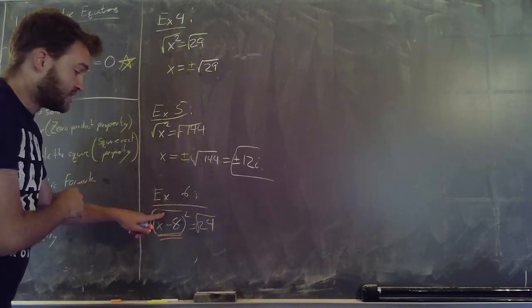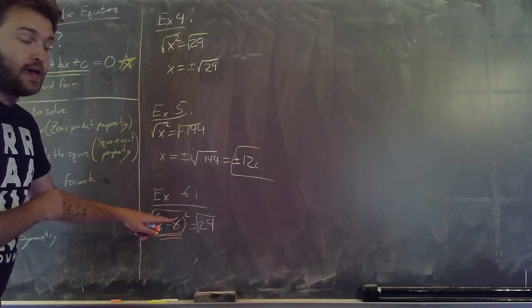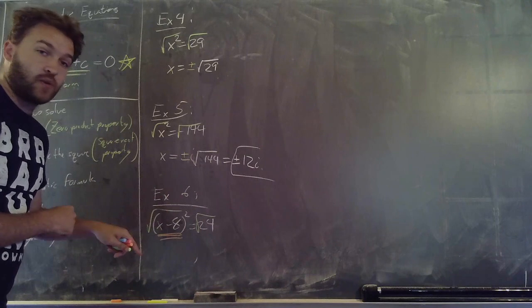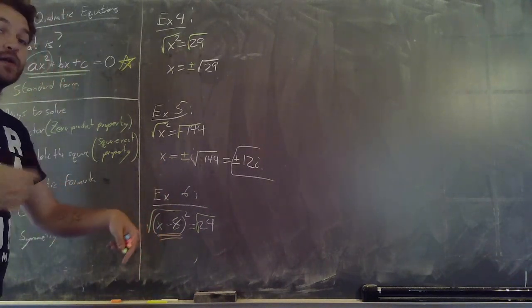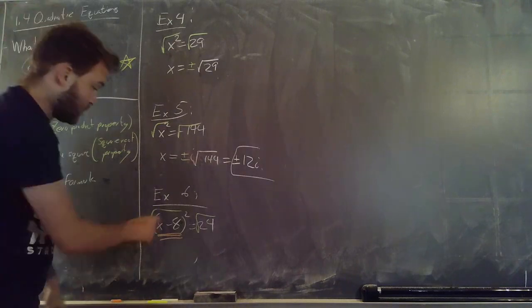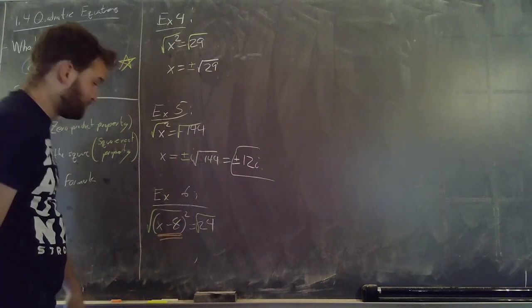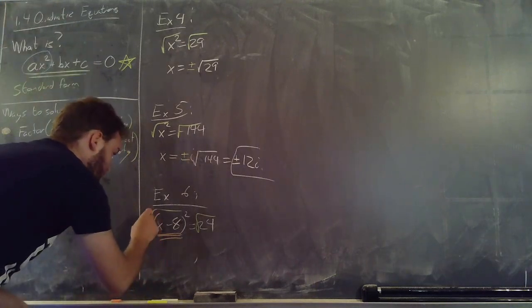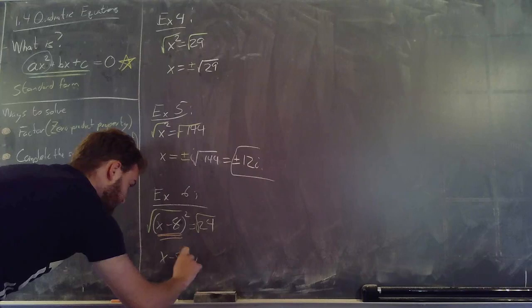If this was x squared minus 8, you cannot just take a square root of both sides. That's not okay. The whole thing has to be squared. And it can't be plus or minus something on the outside of the squaring. In other words, if you don't have a parentheses with it squared, don't try this. So square root of a square leaves us with x minus 8.